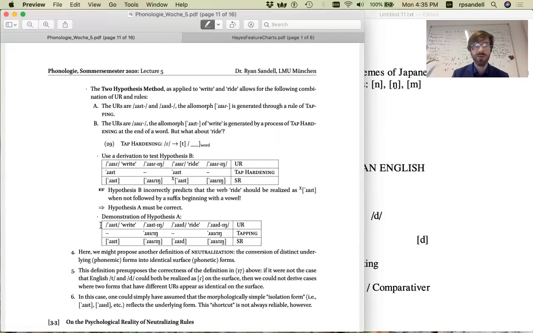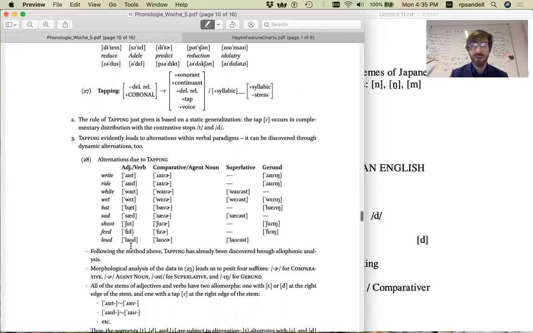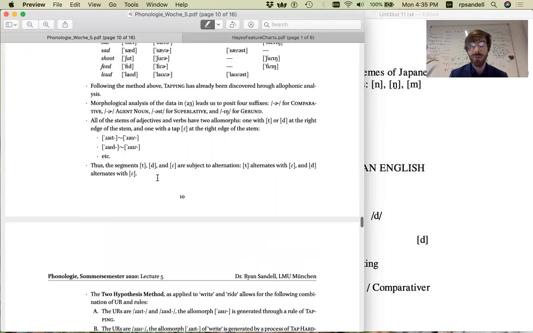Now, one last remark I'll make here, which we'll talk about further in the lecture next week, is that one other way to try to analyze this data would be to assume that the morphologically simple form, the form in isolation, so the form occurring in the leftmost column in this case, is equivalent to the underlying representation, and then we would write phonological rules to account for the other more morphologically complex forms.